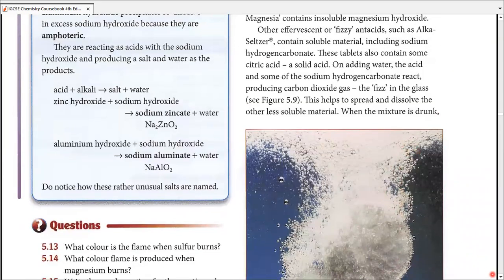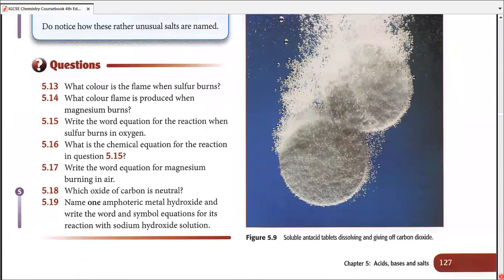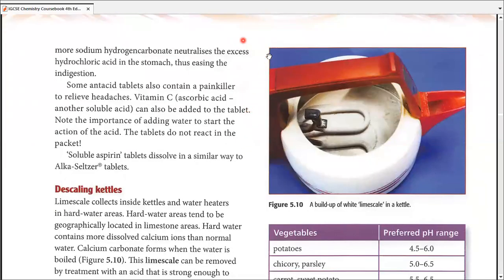When the mixture is drunk, it is going to counteract the effects of acid with the help of the baking soda, and it is also going to give us some vitamin C, ascorbic acid, or citric acid. Ascorbic or citric acids are actually good for the body, so taking them in small amounts along with these tablets is a pretty good idea to start with.